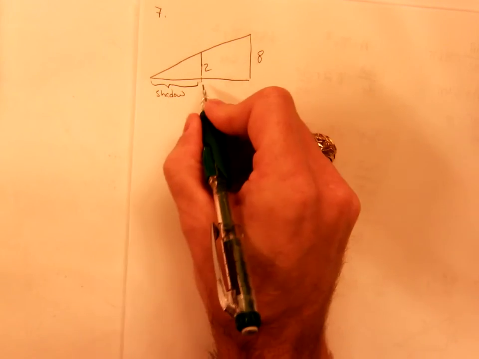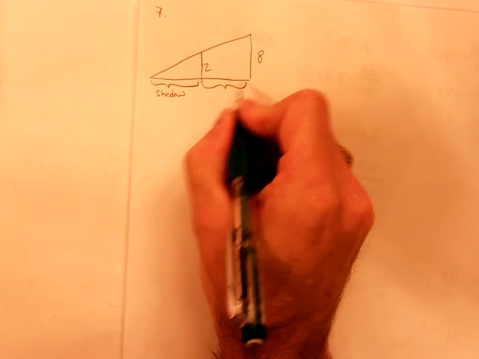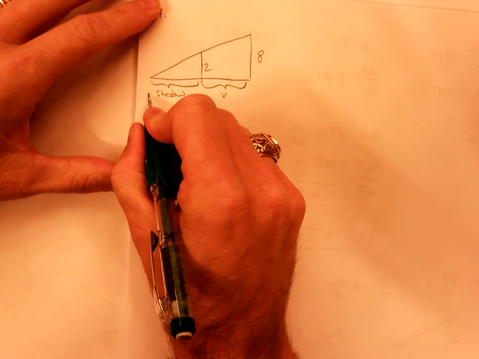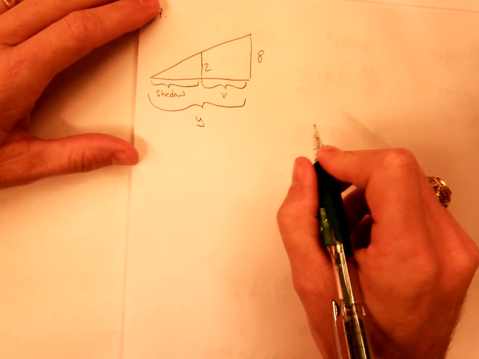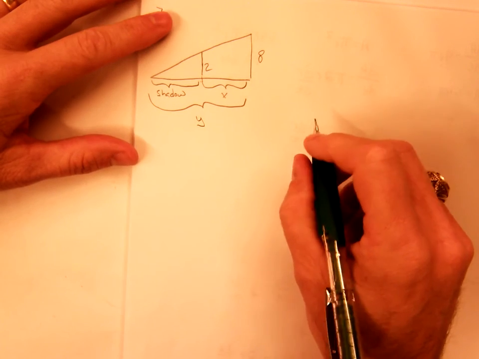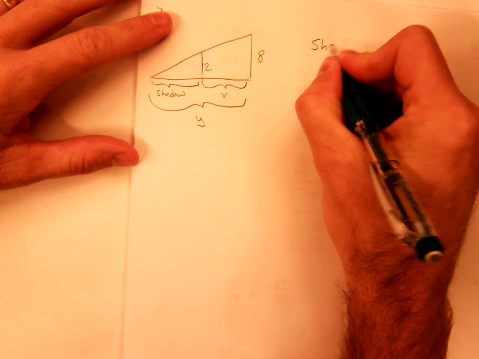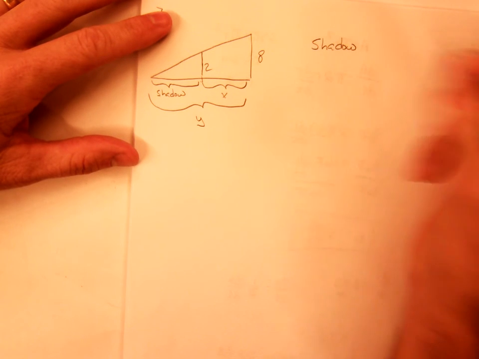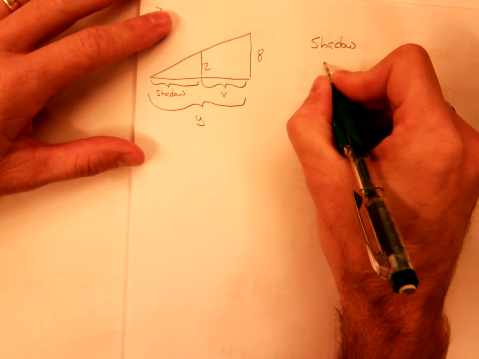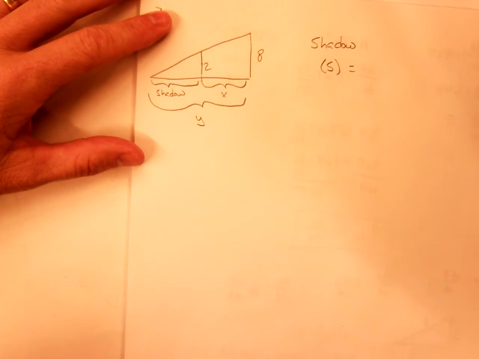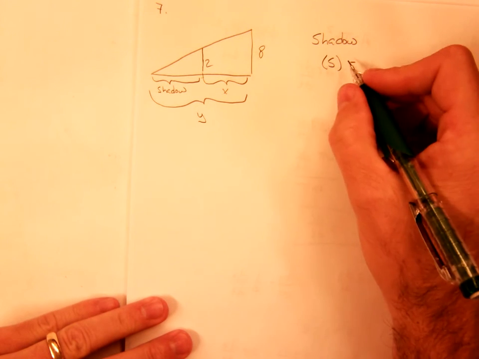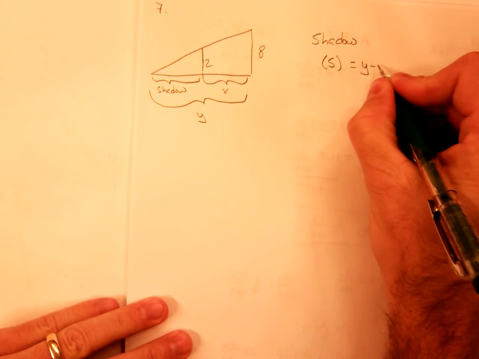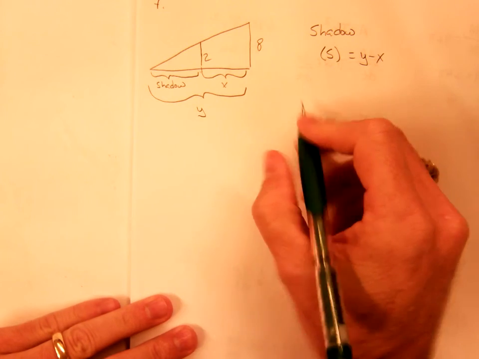Okay, this I'm going to call X, and this whole thing I'm going to call Y. So the shadow, which we'll call S, is equal to what? Y minus X. All right, so what we're going to do, these are similar triangles.